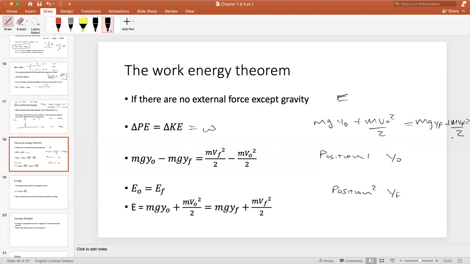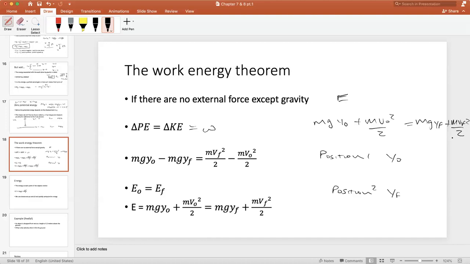You can set the potential energy of gravity and the kinetic energy at y naught equal to the potential energy of gravity and the kinetic energy at y final. Set them equal. As long as there are no external forces except gravity or spring forces, therefore, if we just have potential energy and kinetic energy, what happens is we get conservation of energy.